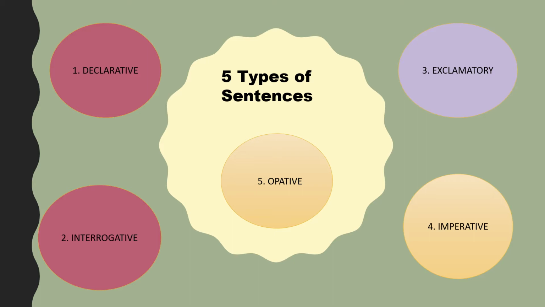Exclamatory sentences. One little information about how exclamatory sentences are formed, because from my experience I'm telling you that many children make this mistake. Whenever they have to write an exclamatory sentence, they just put a declarative sentence and put an exclamatory mark there. That's not the way.